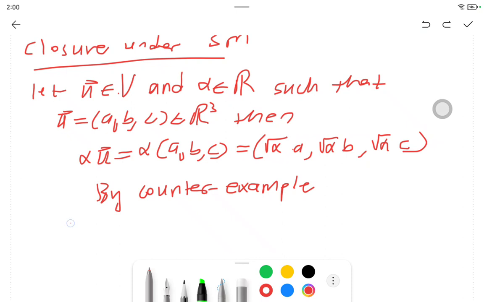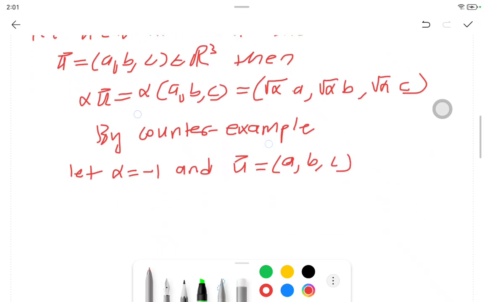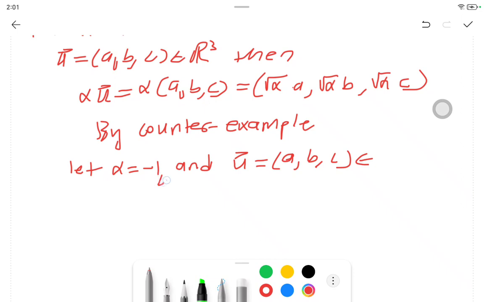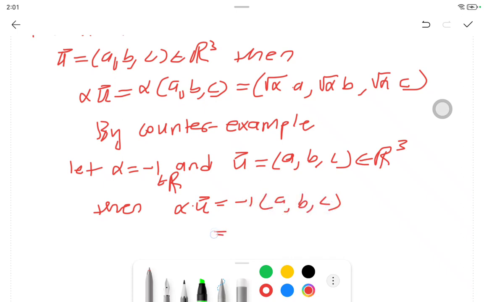By counter example, let alpha be equal to -1 and let the vector be a, b, c, which is an element of R. Then this times this will be equal to -1 times a, b, c, so this will be equal to -1 a, -1 b, -1 c.